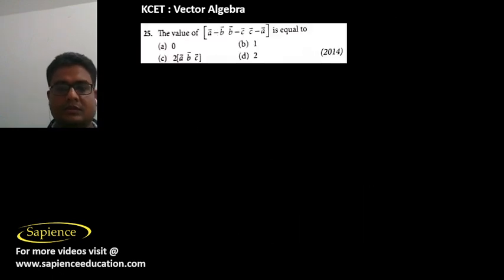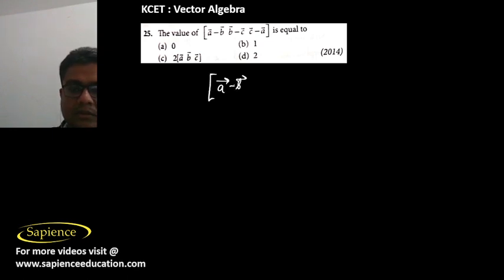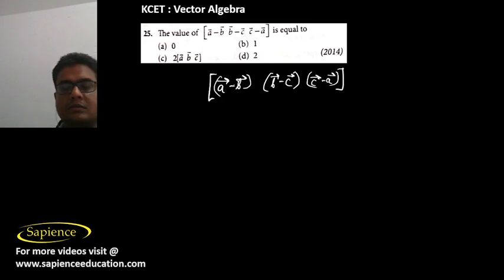The value of this, A minus B, B minus C, C minus A, the value of this is equal to how much?